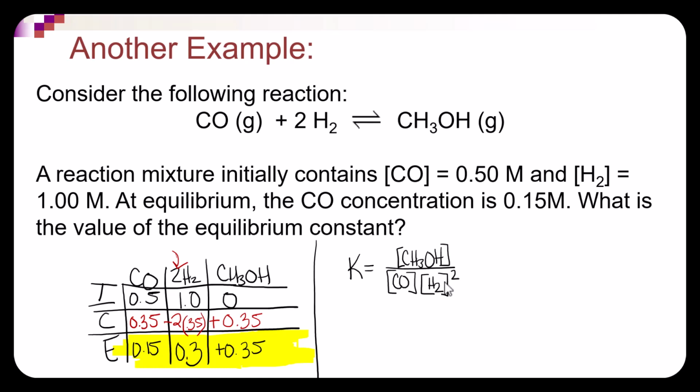And we square that, remember, because of the coefficient. So plug in our values, we get on the top 0.35. On the bottom, 0.15 and 0.3 squared.